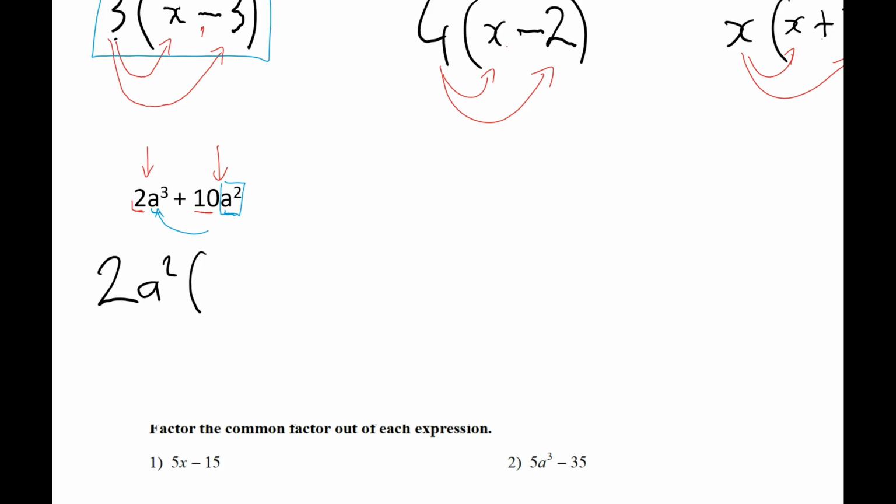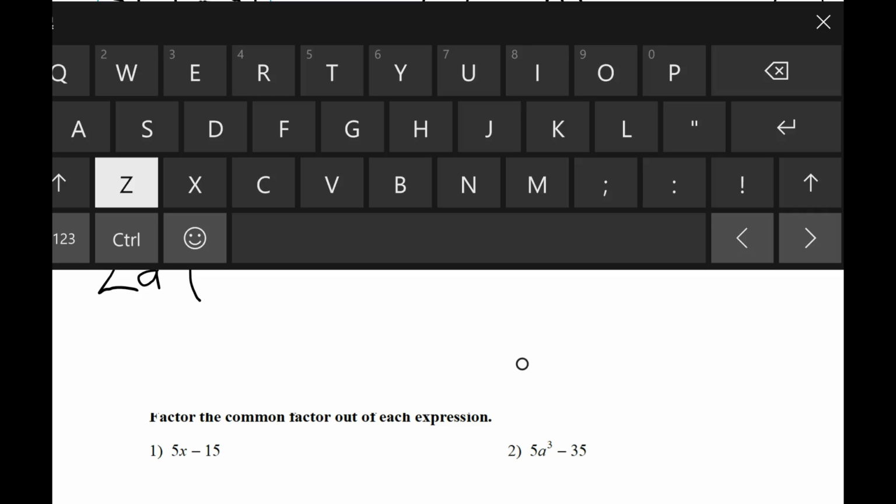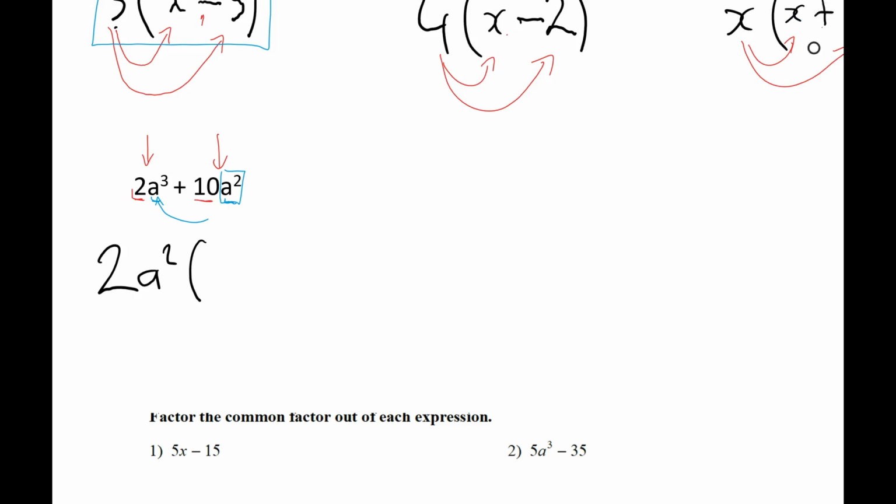Now, if I have 2a squared and I want to get to that, what's missing? Well, the 2's fine. 2 times 1 is 2, so that'll be fine.